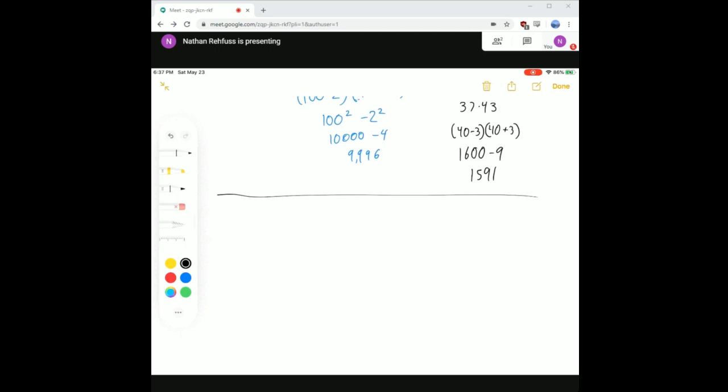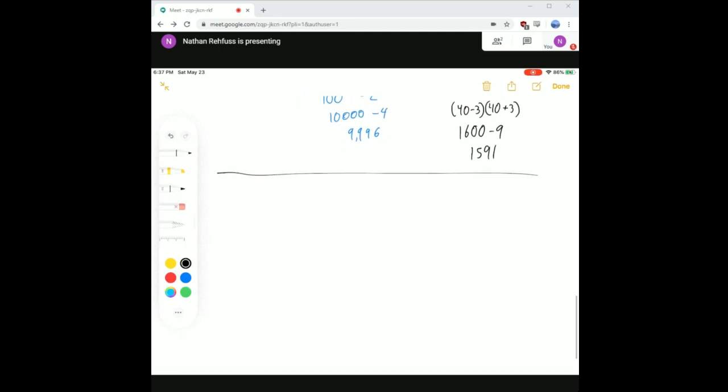First thing you should do if you're trying to factor a big old polynomial, let's say I gave you some monster like x to the 4th plus 5x cubed plus 6x squared, is look for something called a GCF, which stands for greatest common factor.